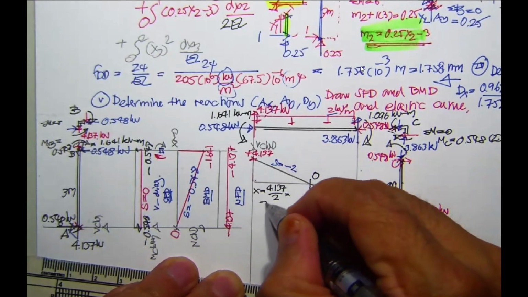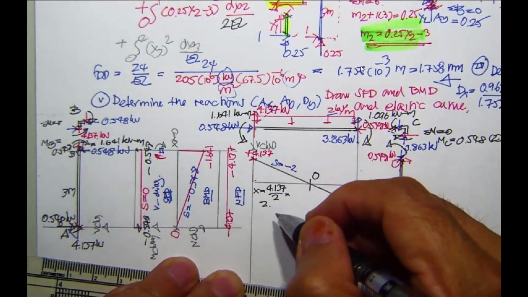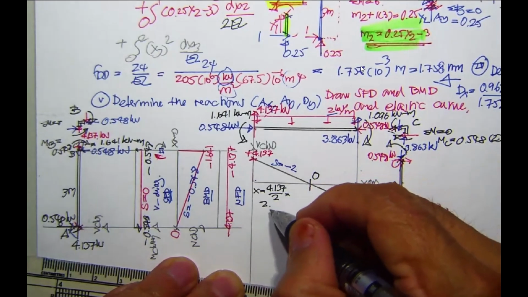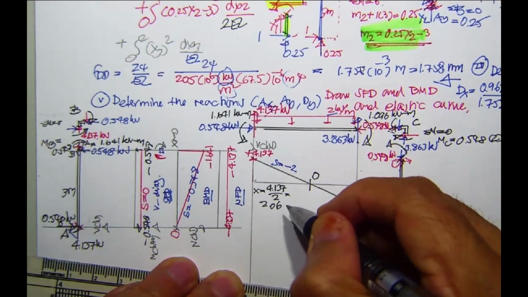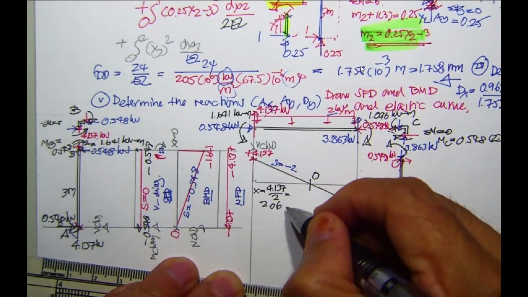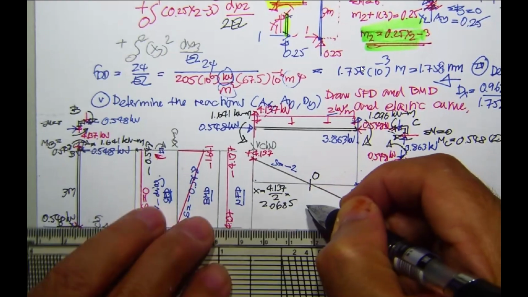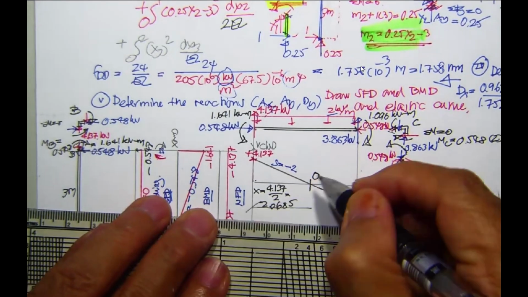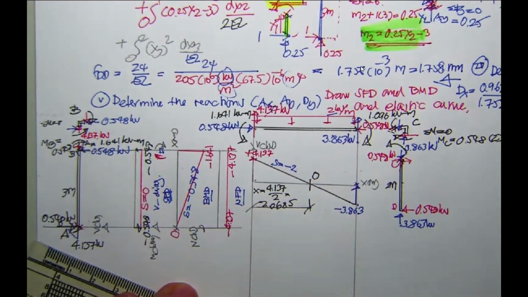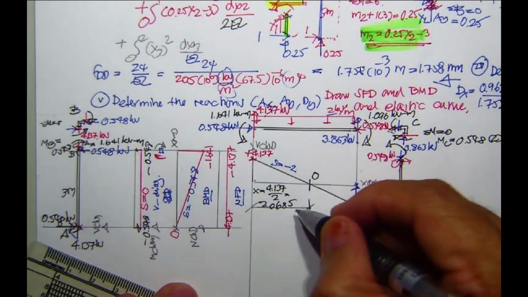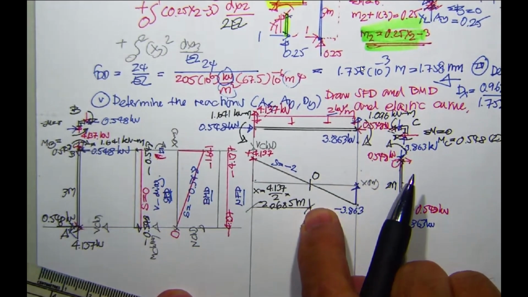To get this one, 2.0685 for the point of zero. This is important because it's going to provide the maximum moment for the beam BC.